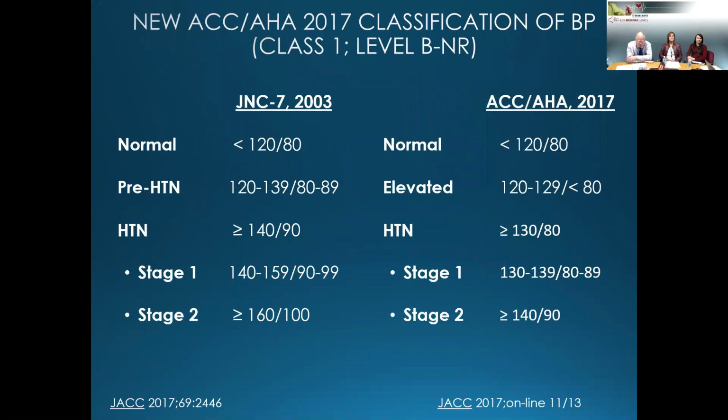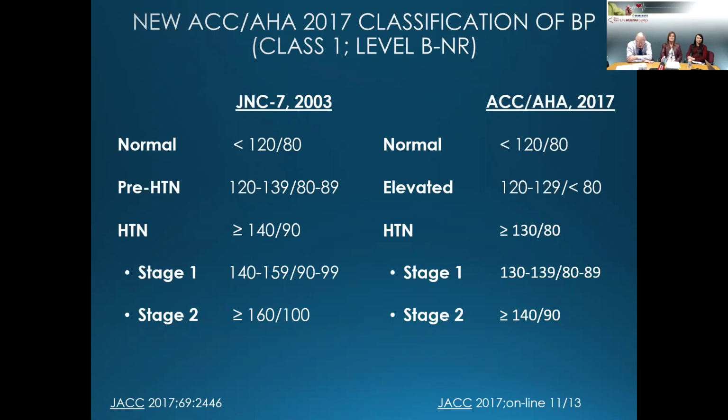Well, this is the new ACC/AHA 2017 classification of blood pressure, and it's compared to the JNC 7 2003 guideline. Note that the ACC/AHA 2017 guideline also defines normal blood pressure as a pressure below 120 over 80 millimeters of mercury.